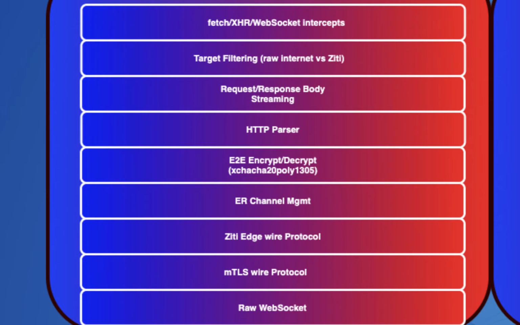I'm referring to things like the Fetch API, the XML HTTP Request API, or XHR, and last but not least, the WebSocket API. If the web app wants to talk to the network, it will be using one of those three mechanisms or all of them, and we will transparently intercept them and then decide on the fly which traffic is targeting a Ziti service and which is targeting just the raw internet.